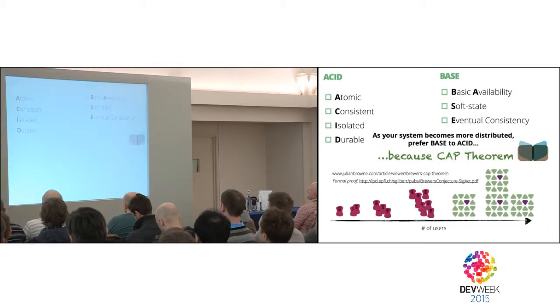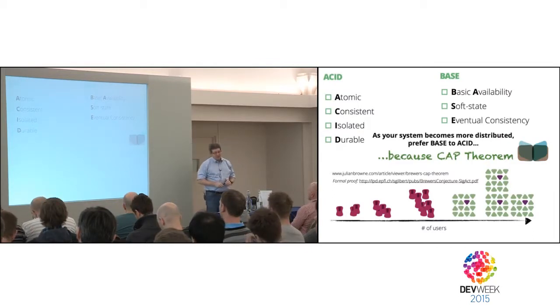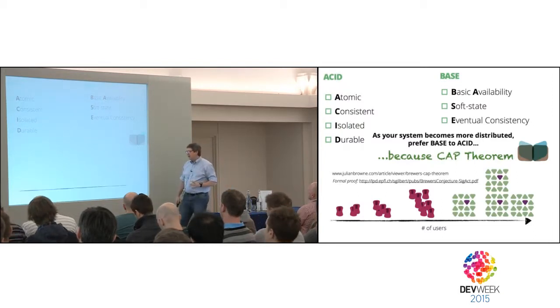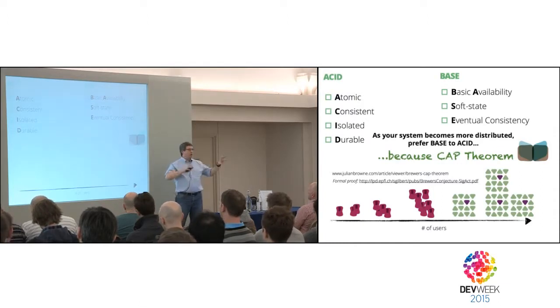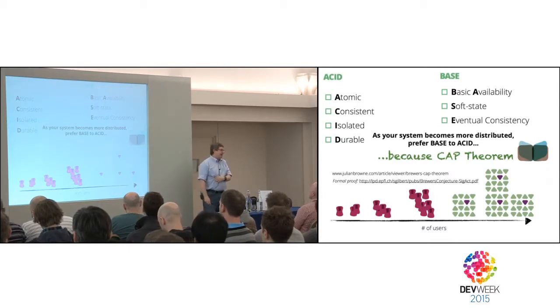But more of this services and microservices world is much more of the base kind of world: basic availability, soft state, and eventual consistency, where you don't guarantee transactions across machines, but they will eventually become consistent with one another. One of the things that drives base over ACID is this observation that as you get more and more users and more data, and you are inevitably required to distribute it more and more ways, you reach a certain point where you can no longer guarantee the ACID properties that you get from relational databases anymore.